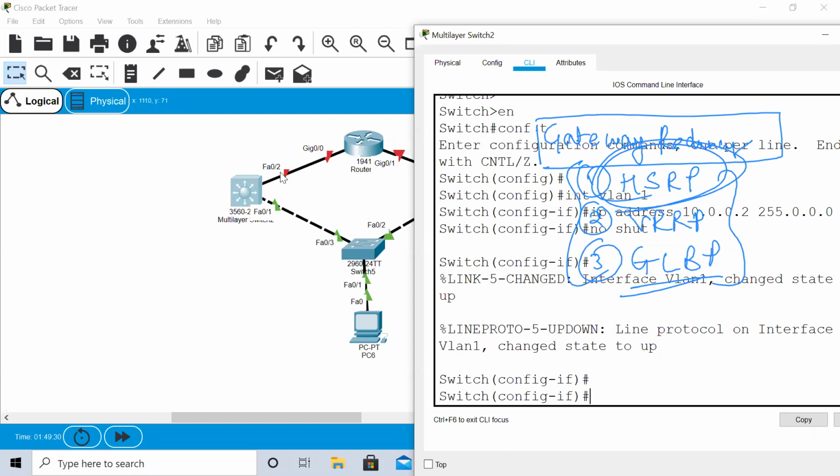If I have to make the 0/2 interface a routing interface, because currently it is basically a switch port, let me show you interface 0/2.